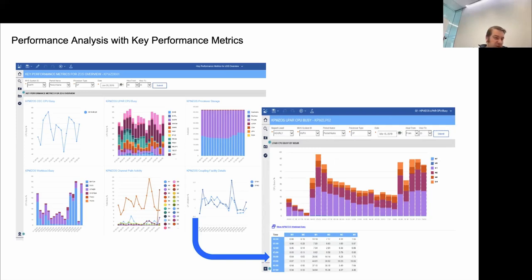So when we talk with new adopters of IZPCA, we often say, let's start with the KPM reports, get that information running and understand that. Now, there may be other data that you're interested in that you'd want to be able to look at as well, in which case you then start to add the collection of that SMF record or add to the volume of data that's being collected, because that's specific to you and you know that's important.